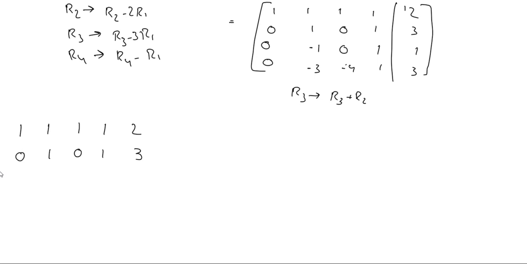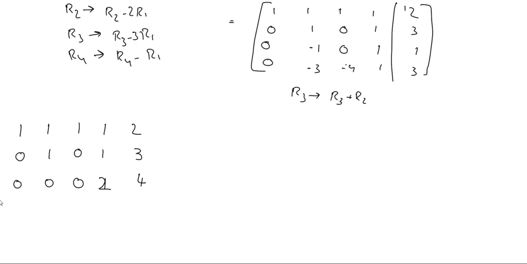R3 plus R2 gives 0, minus 1 plus 1 is 0, 0 plus 0 is 0, 1 plus 1 is 2, and 1 plus 3 is 4.